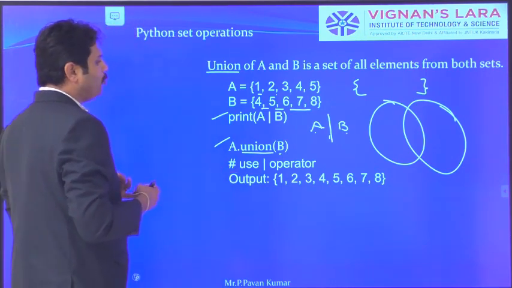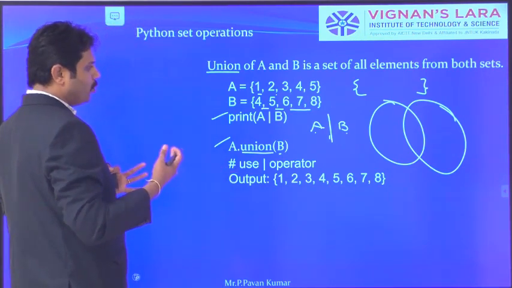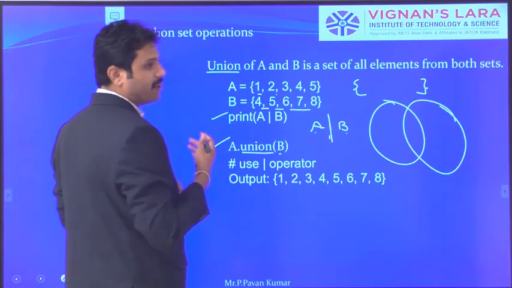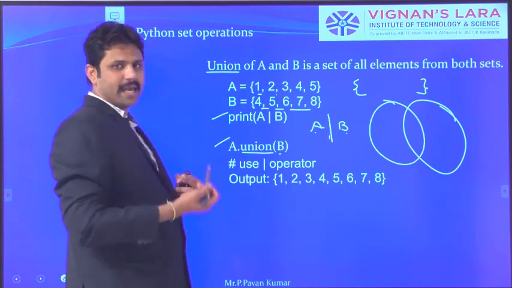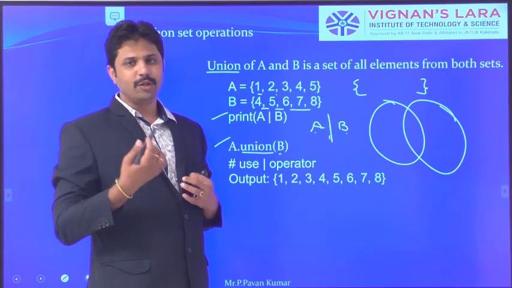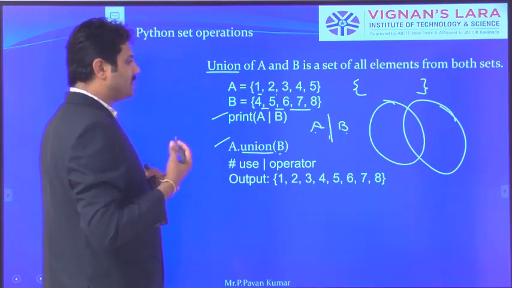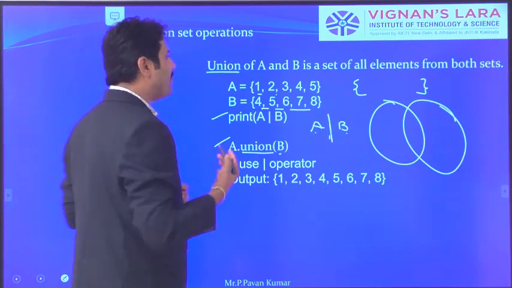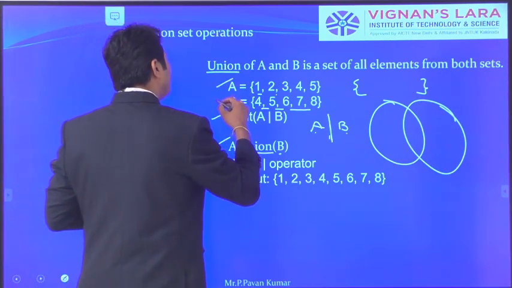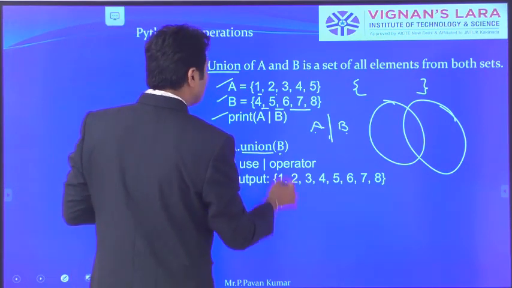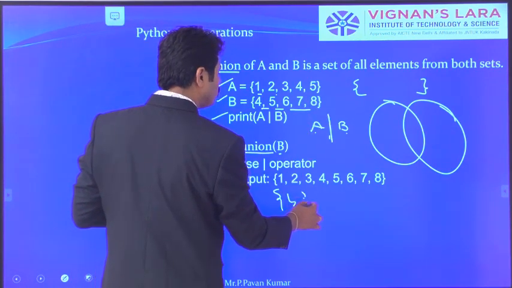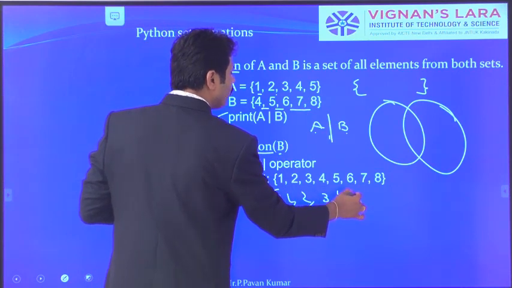So what is the output? If you use this union operation between two sets, it creates a new set that contains the values in A and the values in B. What are the values in A? 1, 2, 3, 4, 5.